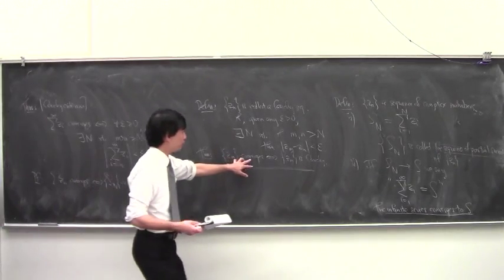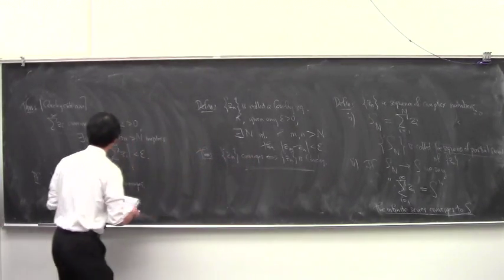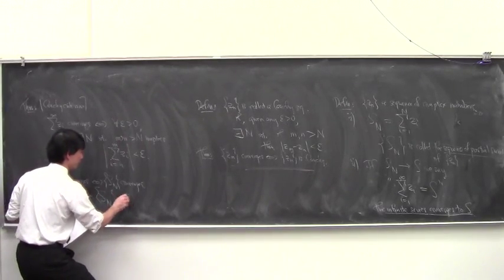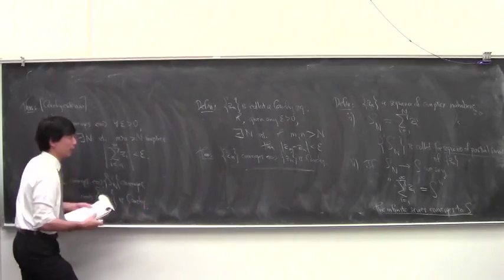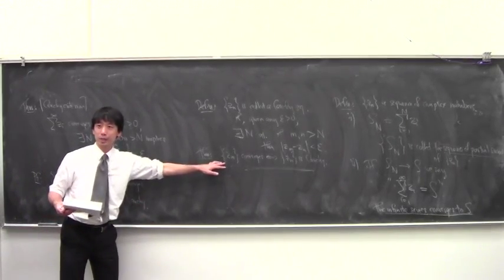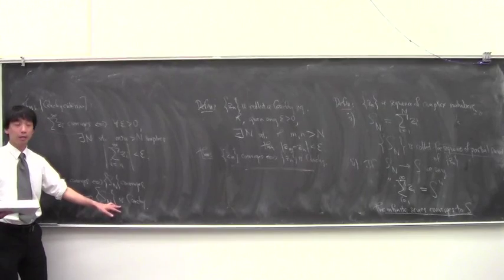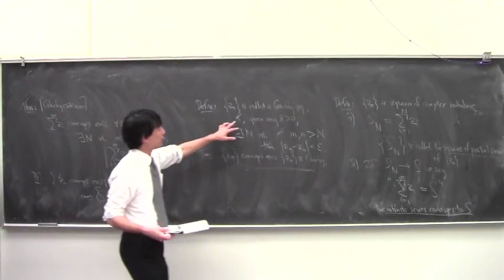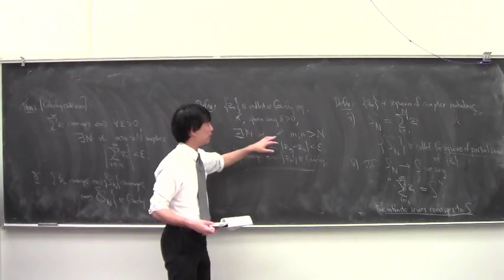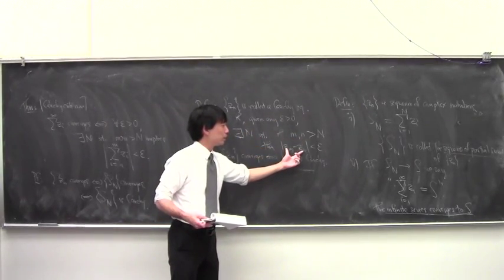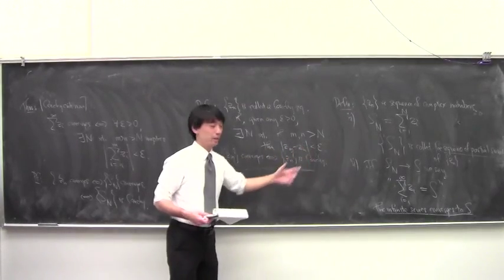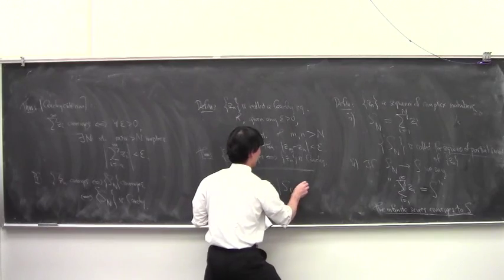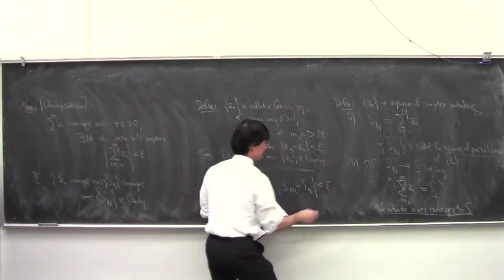Well, by the Cauchy criterion, that's to say that S_n is Cauchy, because we know that a sequence converges if and only if it's Cauchy. What does it mean for the sequence of partial sums to be Cauchy? It means that given any epsilon, there must be an N so that the difference of the partial sums must be less than epsilon.